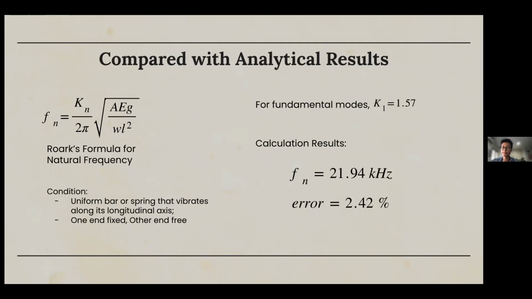After plugging in the details, with the constant K in the first mode, or the fundamental mode, being equal to 1.57, the calculation results in a natural frequency of 21.94 kilohertz, with an error of around 2.42% from the simulation results.